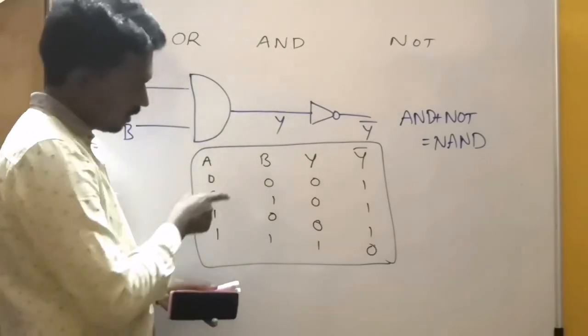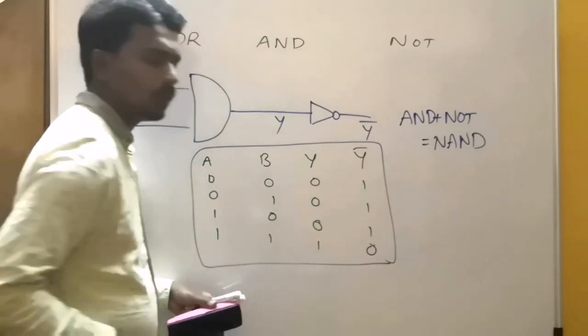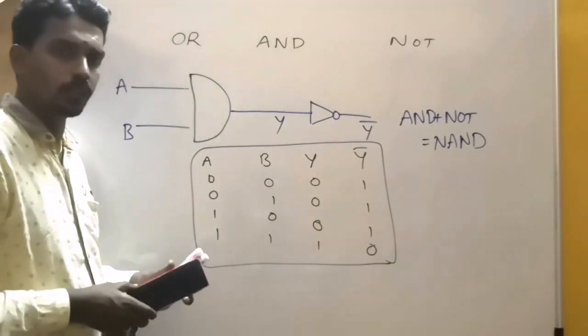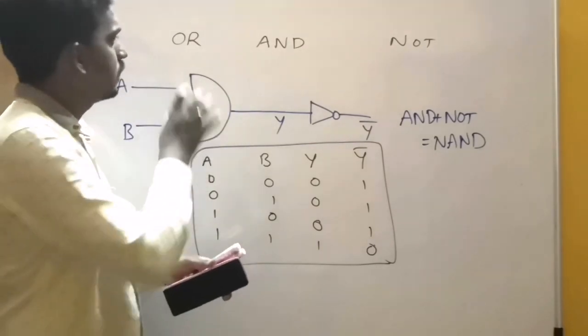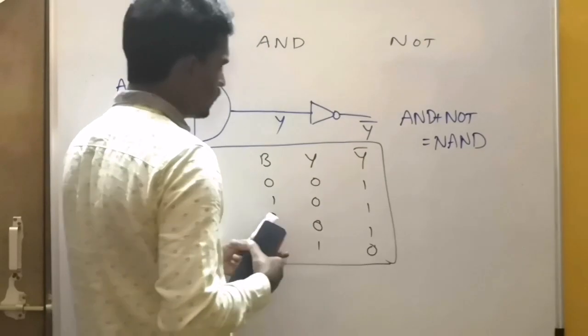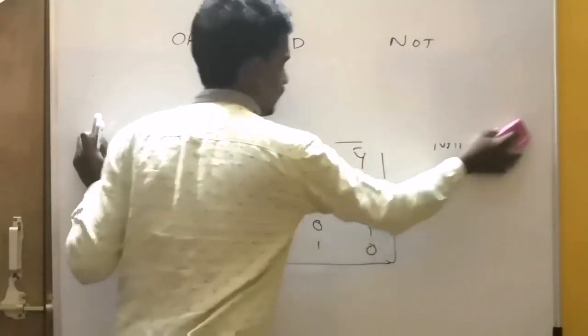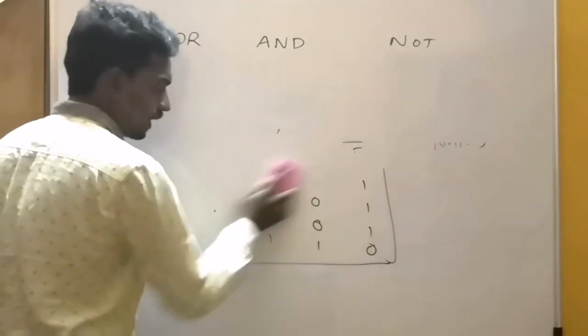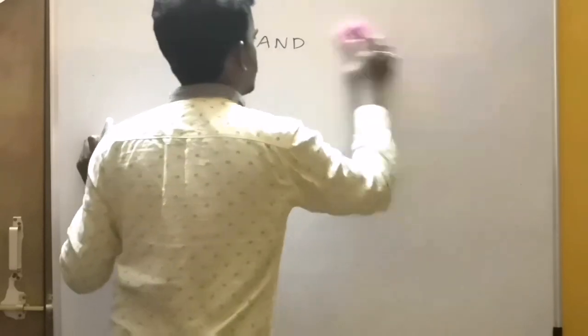Except for 1, 1, in every case the output is 1. So finally I will conclude with one truth table that I will write. If you remember truth tables, then only you can solve the questions based on this.